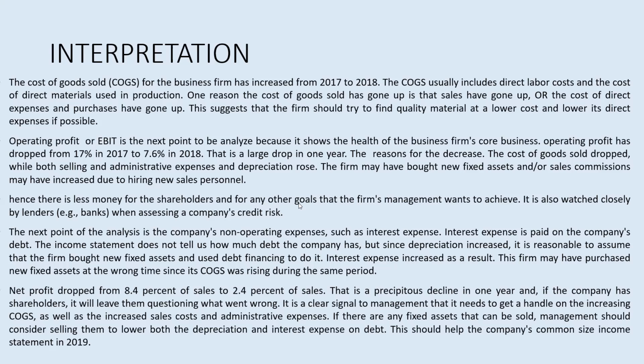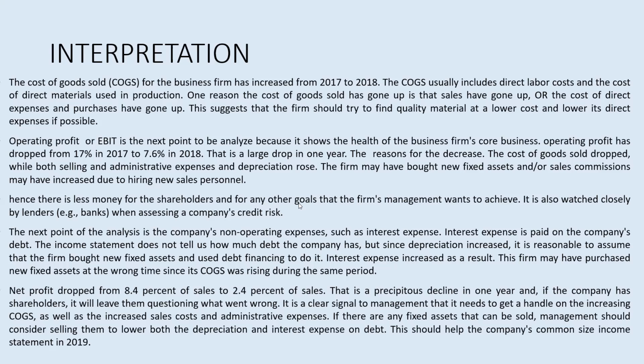Operating profit has dropped from 17% in 2017 to 7.6% in 2018. So you can see it's a 2-digit percentage, that is 17, and it has dropped to a 1-digit percentage, that is 7.6. So you can see there is a large drop in 1 year.